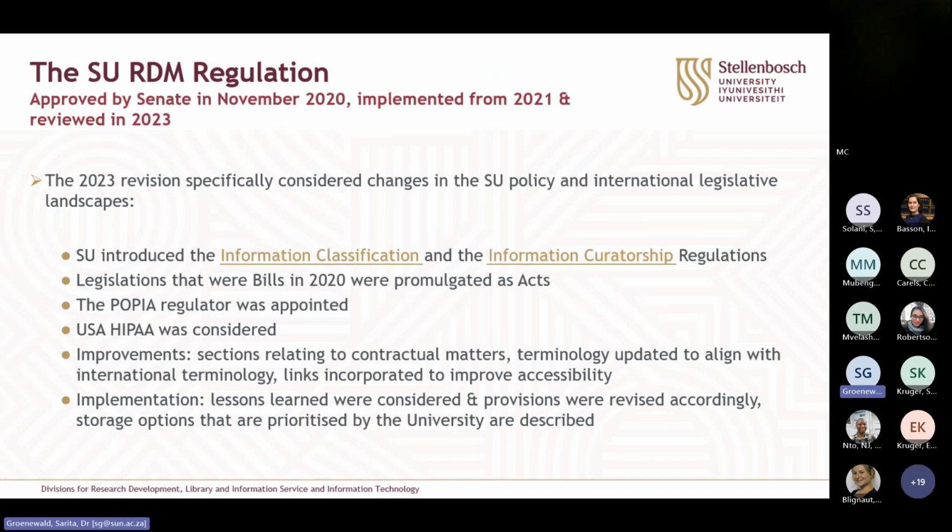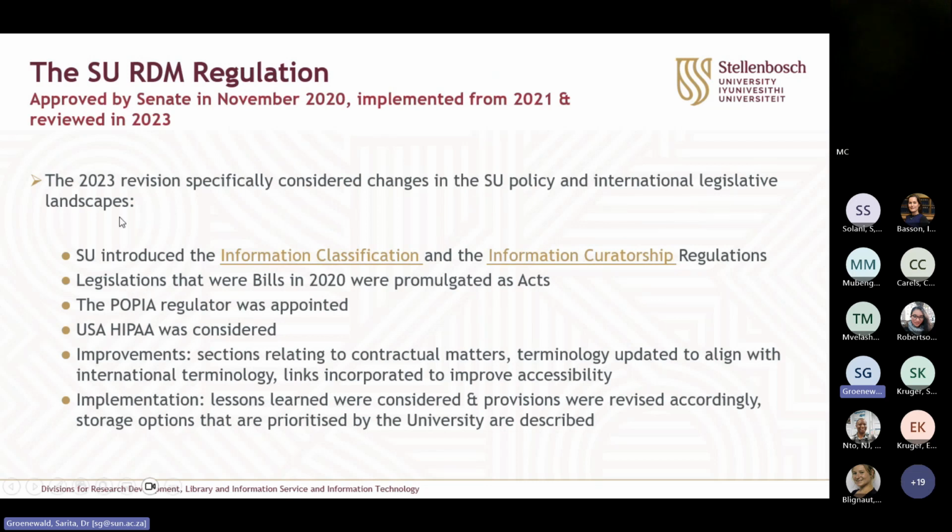So the RDM regulation was approved by Senate in 2020, and we started implementing it on campus in 2021. There was a quick review in 2023, and the revised version of the regulation was approved by Senate in November 2023.